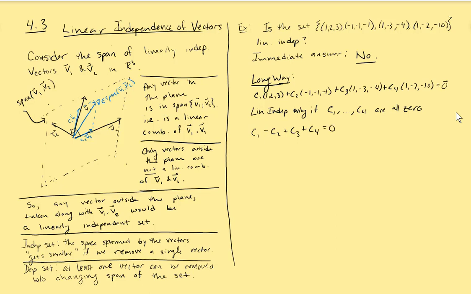That's from equating the first components of both sides of the equation. 2C1 minus C2 minus 3C3 minus 2C4 would have to equal 0. That's from all the second components. And third components, 3C1 minus C2 minus 4C3 minus 10C4 would also have to be 0.